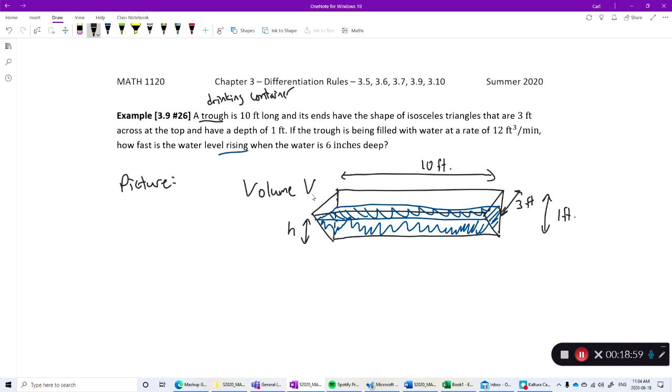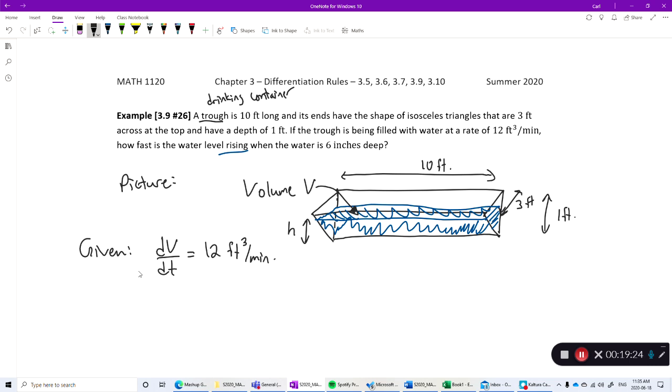Let's call it V. That's the amount of water in there. If the trough is being filled with water at 12 cubic feet per minute, how fast is the water level rising? Okay, so what we're given here is that the volume is increasing at 12 cubic feet per minute.